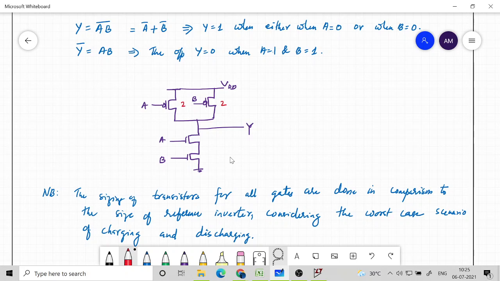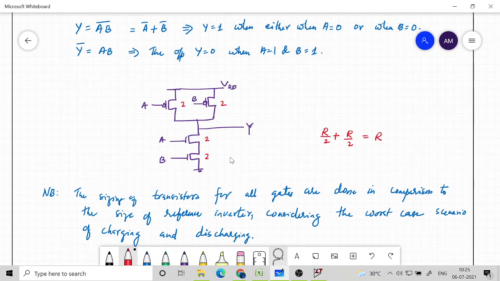So if I take 1 then it will basically make 2R. Okay, so in order to make it R, I will make this also 2, this also 2. So the resistance for this is R by 2. So R by 2 plus R by 2 is equal to R. So that's what I am doing.